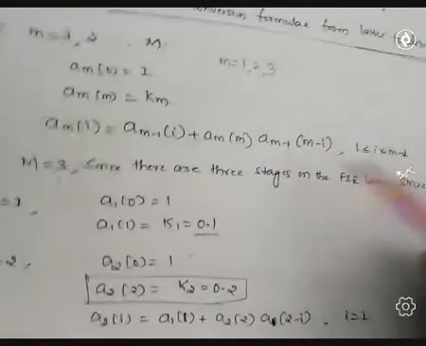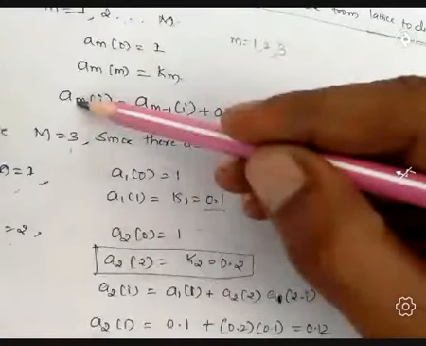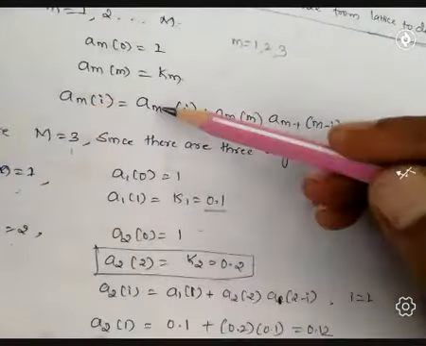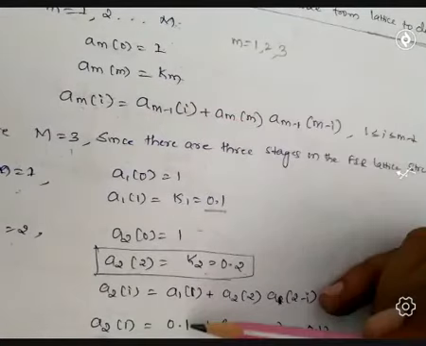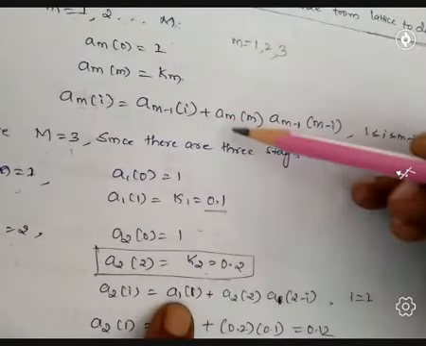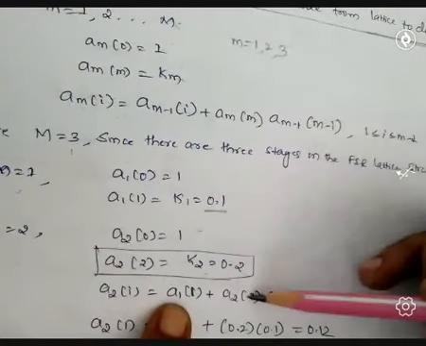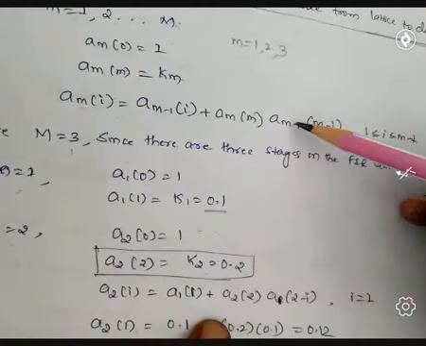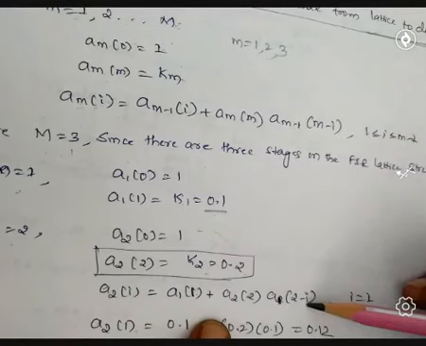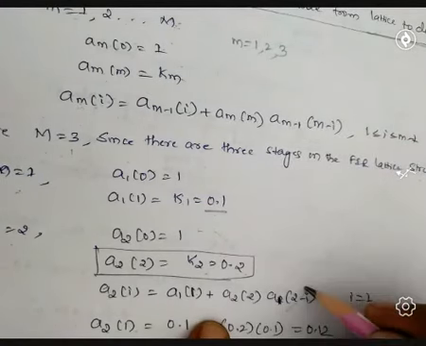In the third equation, A2 of 1 is equal to A1 of 1 plus A2 of 2 multiplied by A1 of 1. 2 minus 1 means 1, so this is nothing but 1.